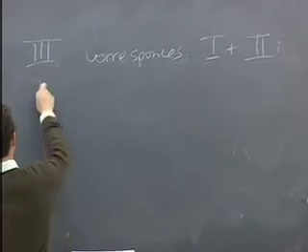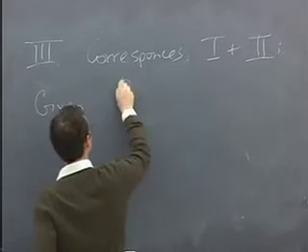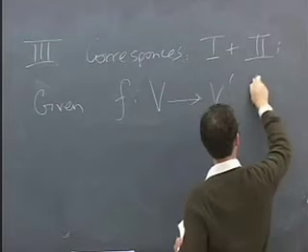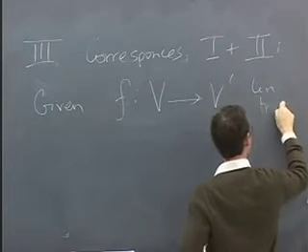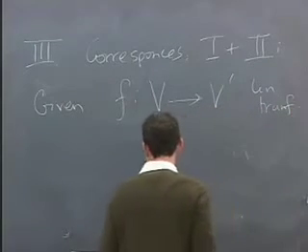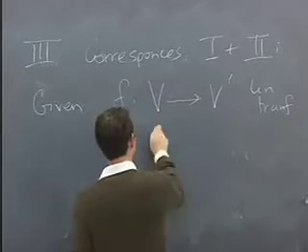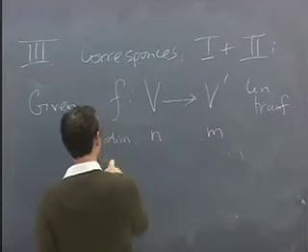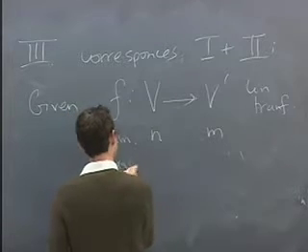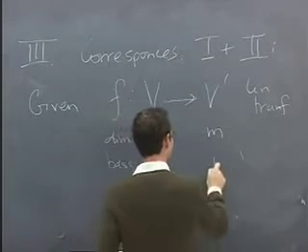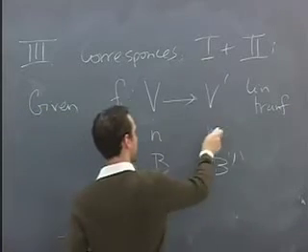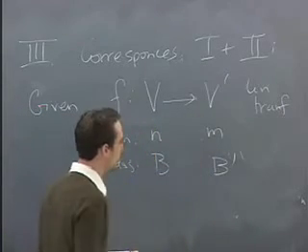Well, given some linear transformation from, say, V to V prime. So this is just some linear transformation. And let's assume that these have dimension n and m, and let's just equip these things with bases B and B prime. So these are finite dimensional vector spaces of dimension n and m, and I equip them with these bases B and B prime.